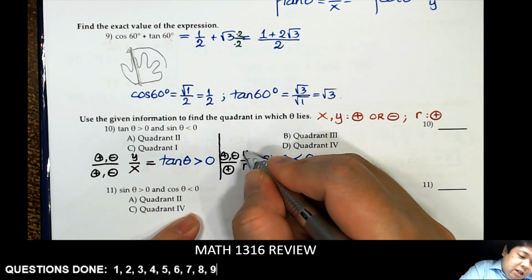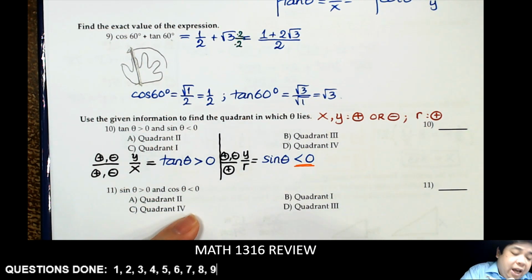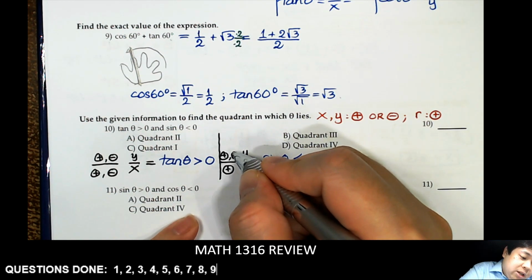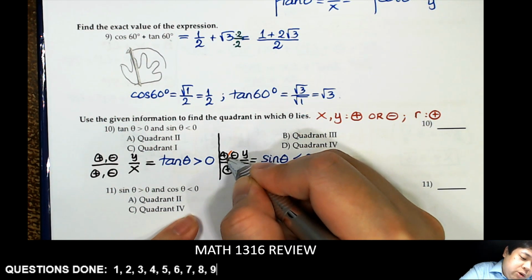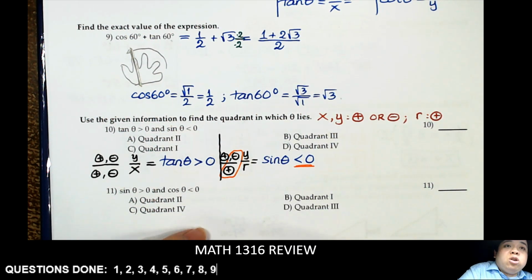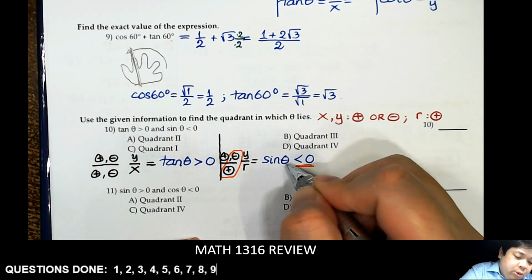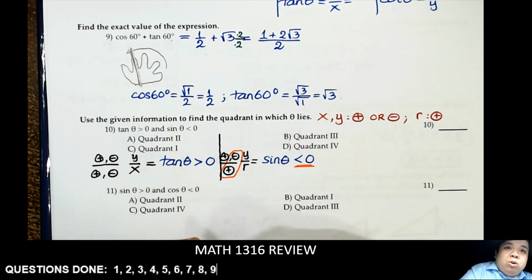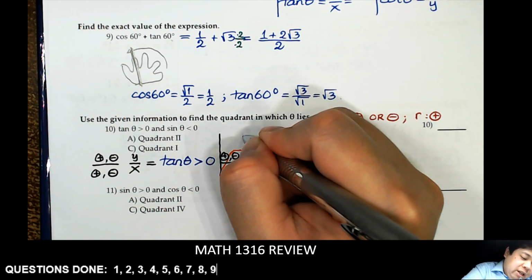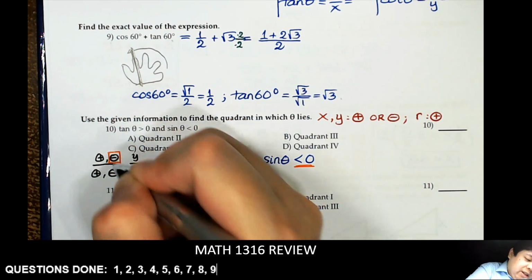Since sine is negative, this ratio is negative, and the only way it can be negative is if the top is negative. So when Y is negative and R is always positive, that will produce a sine that is something negative. So Y has to be negative here.